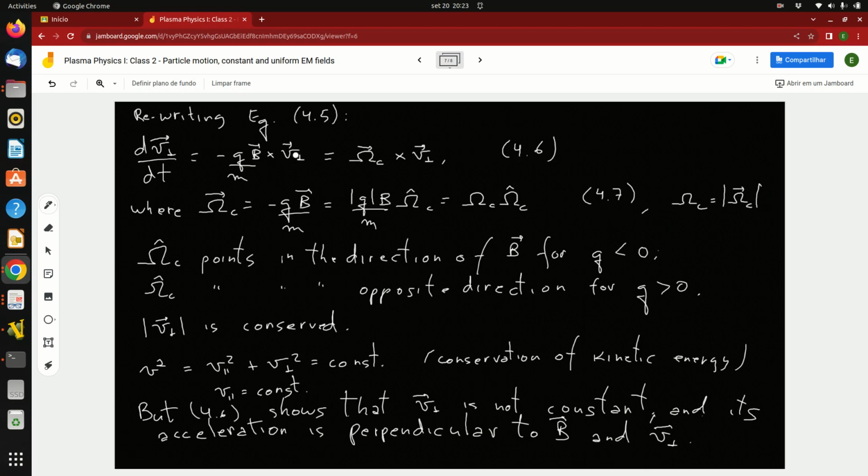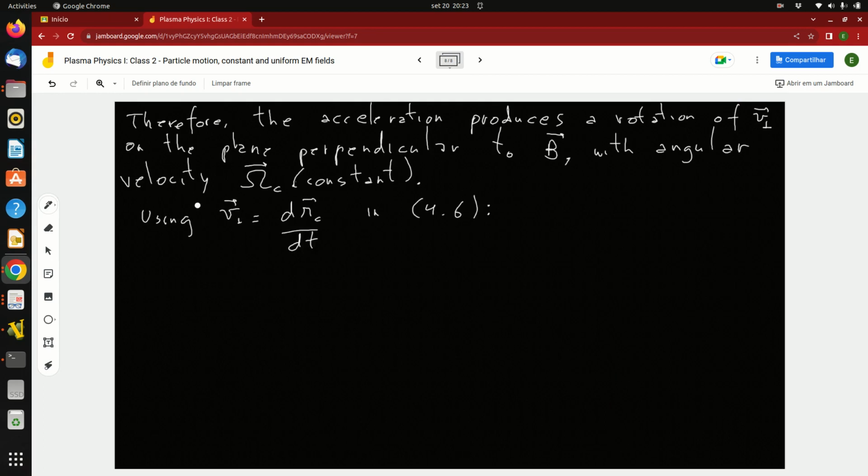No, sorry, here dr dt. So we'll mix both notations, so it'll be dv perp equal to omega c vector times drc dt, and this is dv dt.